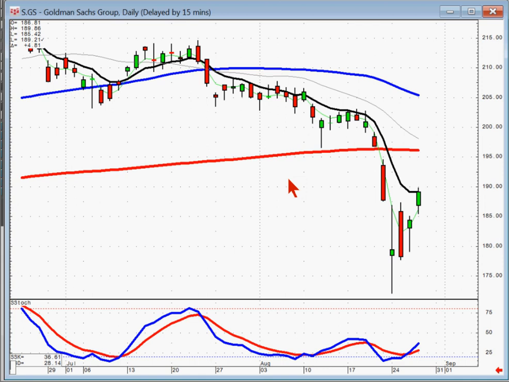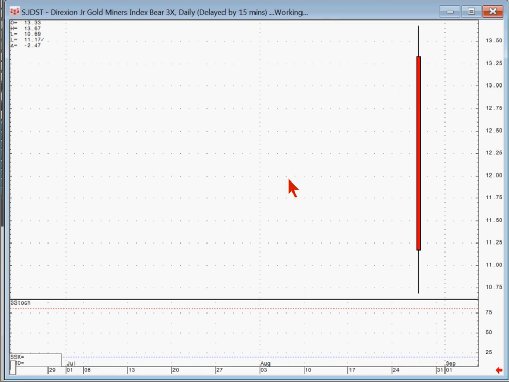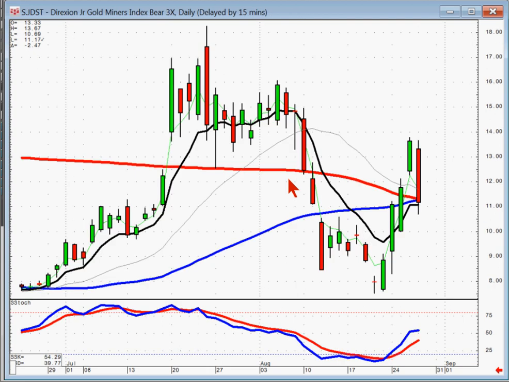Goldman Sachs, another one that closed right on the T-line after a doji gap up, needs to open positive to tell you they've broken through the resistance level. JDST, not a sell signal, but not a great situation. If you are long, it has to open positive to stay in it.